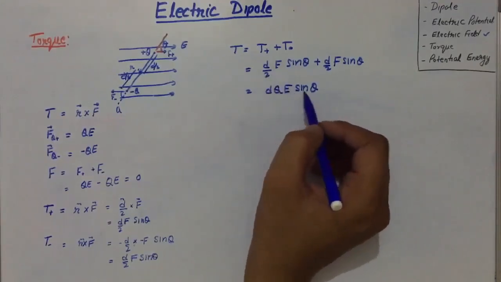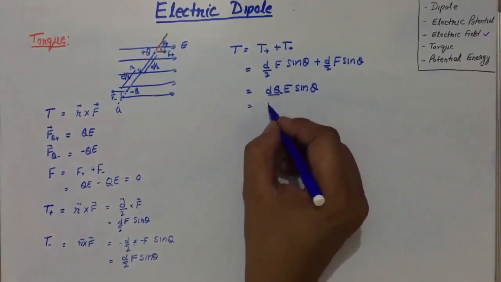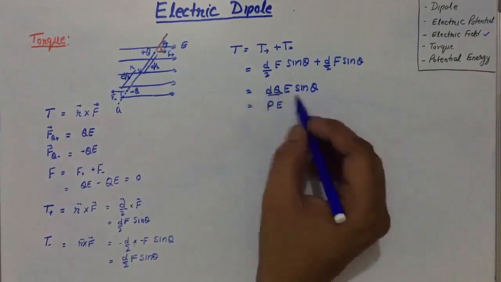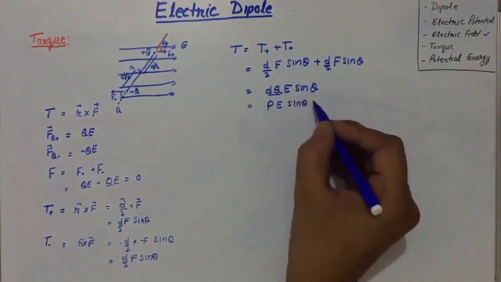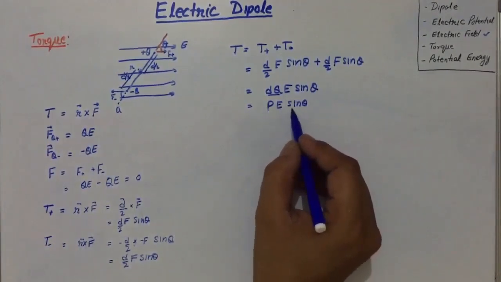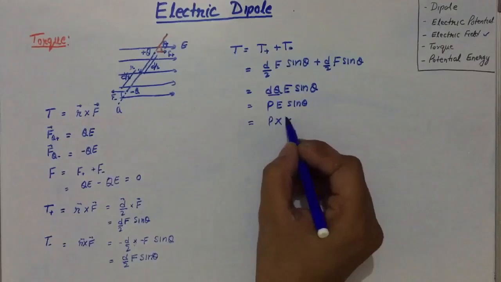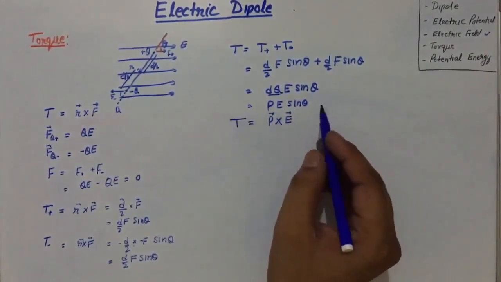F can be written as QE, and Q times d can be written as P. If you remember, a few minutes before we discussed this, PE sine theta can further be written as the cross product of P and E. We can write it like this.